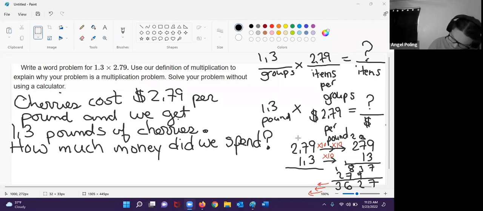And as a result, we can see our decimal place is at 3.627 because we're going to divide by 10, divide by 10, divide by 10 to recover.